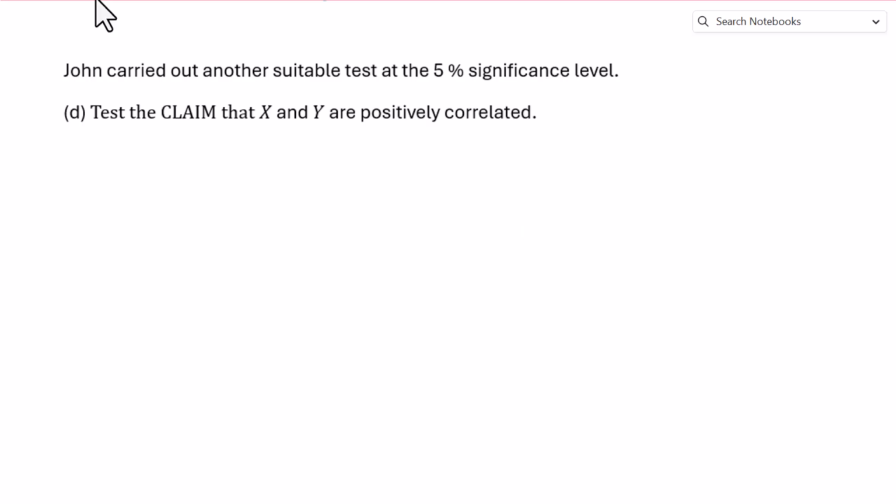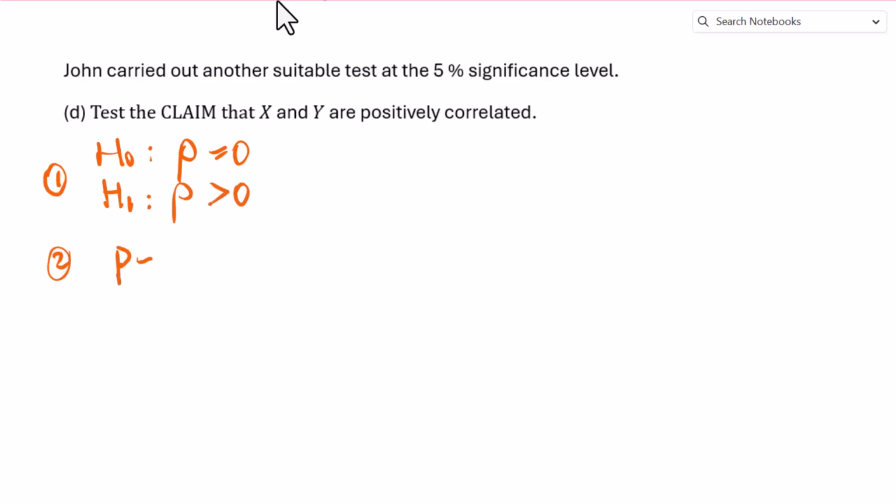John carried out another suitable test at the 5% significance level. Test the claim that X and Y are positively correlated. H0, rho equals 0. H1, rho greater than 0.